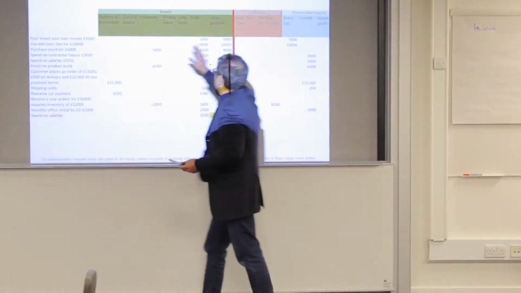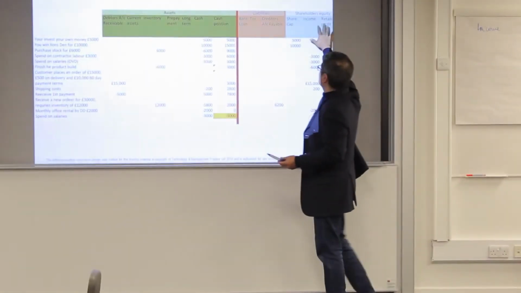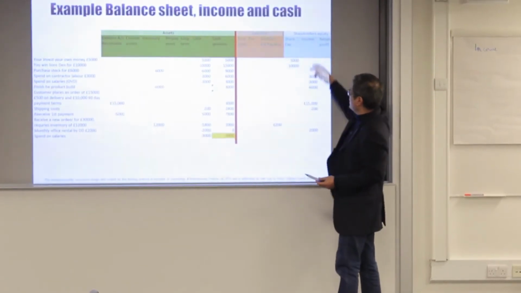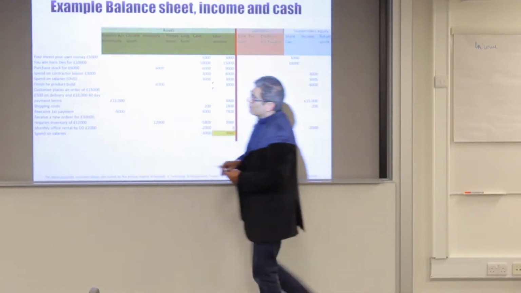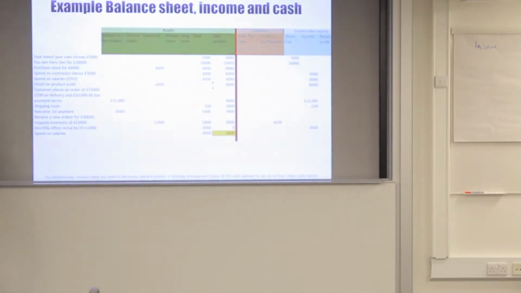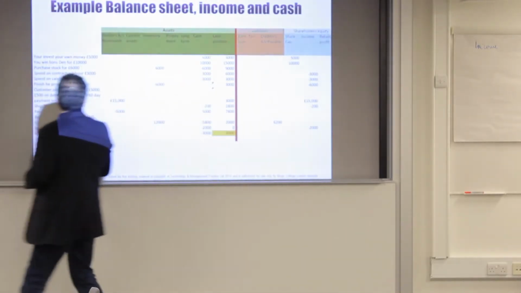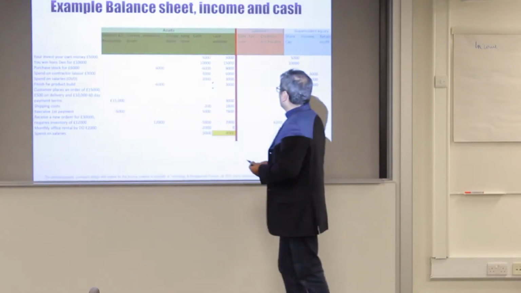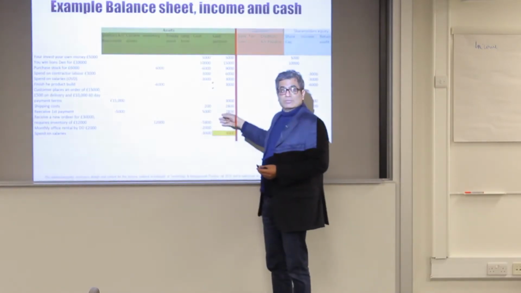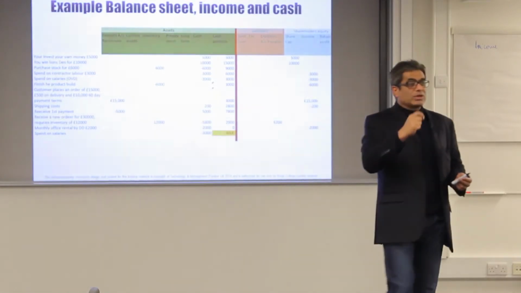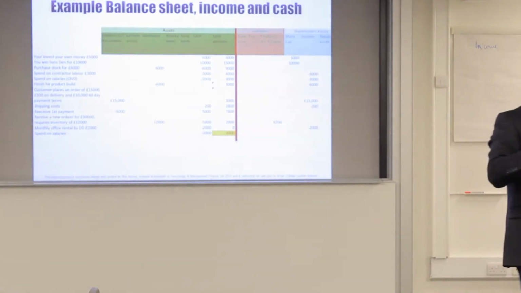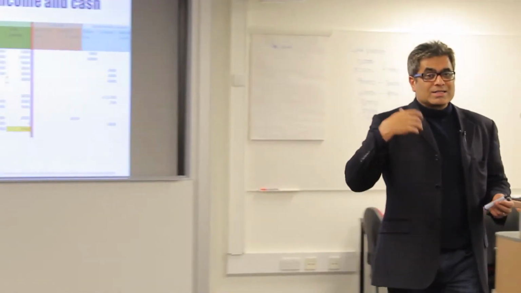Your balance sheet, which is your assets, your liabilities, and your shareholders' equity, and your income statement. My apologies, this stuff should have been over here. Your cash position. And your cash position is effectively something that you will project in your business plans as cash flow.